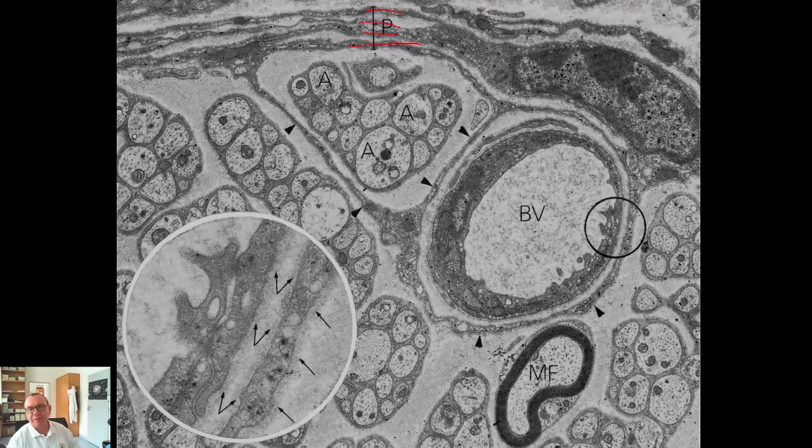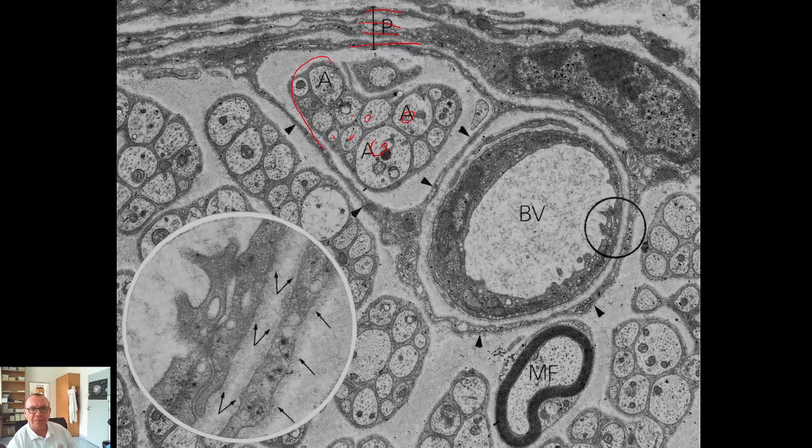The remaining parts of this picture show blood vessel. Not big, it is electron microscopy, probably it is a capillary. Continuous capillaries are in nerves. Then groups of unmyelinated axons. These axons are unmyelinated, and all of them are surrounded by a cytoplasm of a Schwann cell.